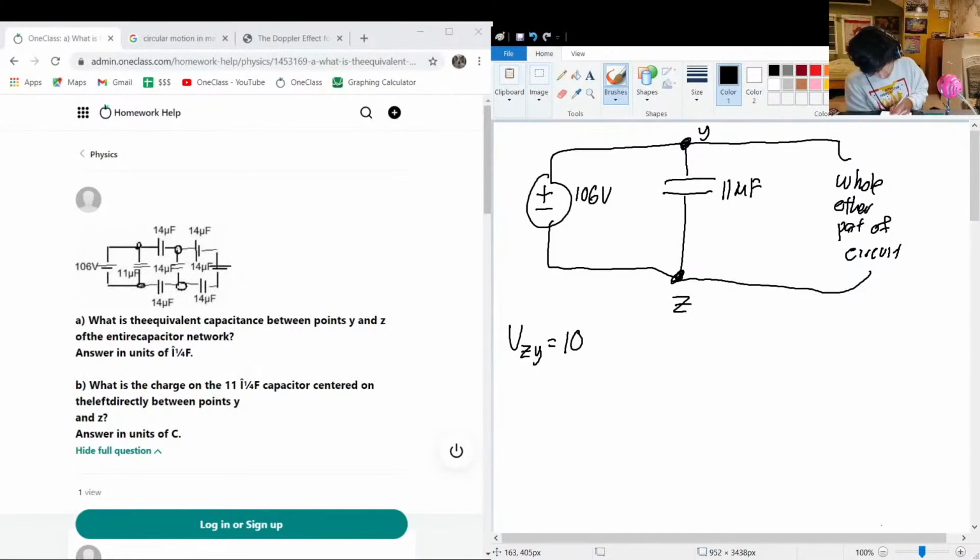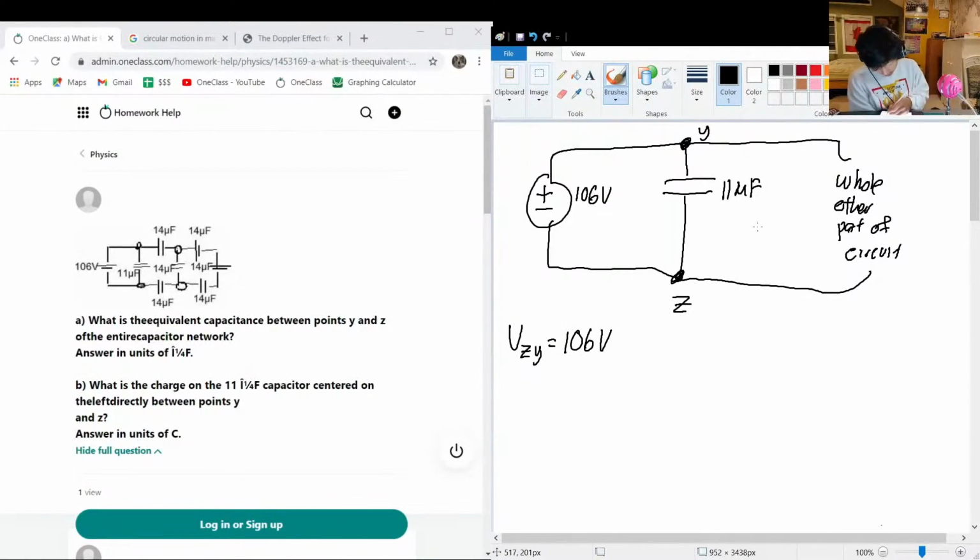This is equal to 106 volts. As it's very clear on the voltage source side, there also has to be 106 volts of difference across the capacitor and across the whole right side of the circuit here, which is not particularly relevant. That's going to be 106 volts as well.